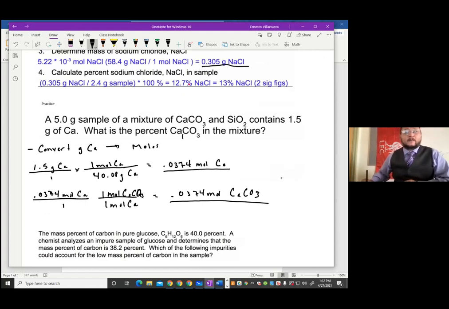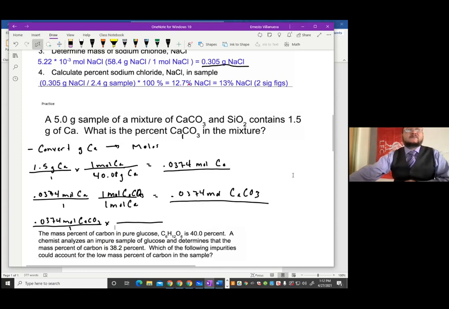Okay, so we have 0.0374 moles of calcium carbonate. Let's convert that to grams. So calcium is, I need the molar mass, right? 40.08 plus 12.011 plus 15.999 times 3.